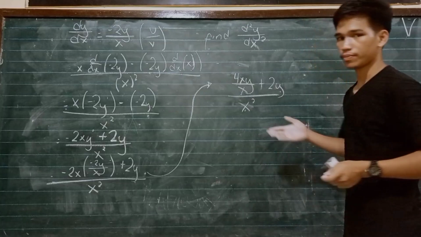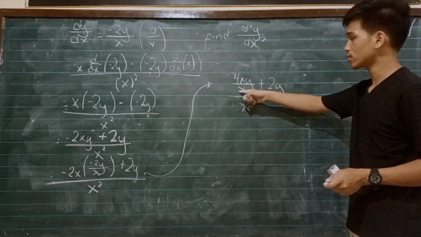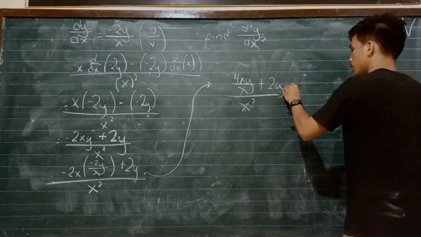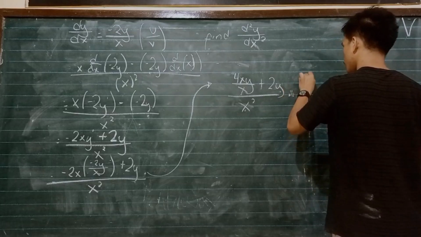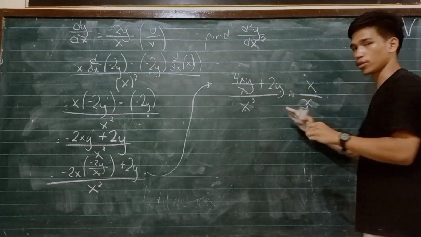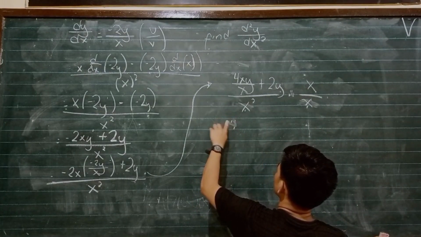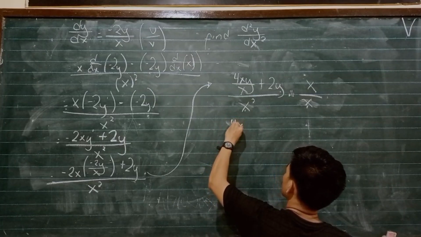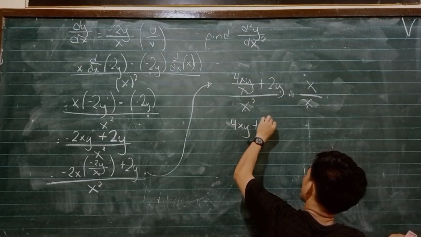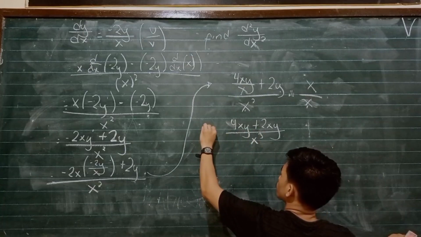So as you can see, it's a complex fraction, and in order for us to cancel out x here at 4xy over x, we need to multiply it by x over x. That will result to 4xy plus 2xy over x cubed.